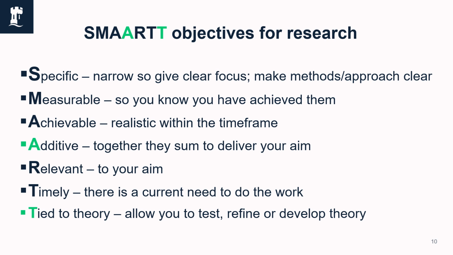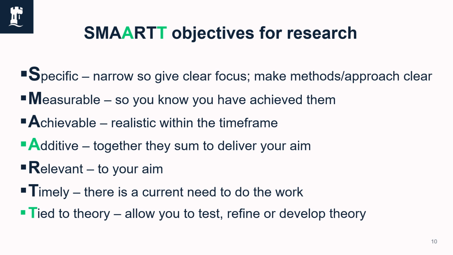So by S we mean specific, and objectives need to be narrow enough to give a clear focus, and they also need to be narrow enough so that they make it very clear what you need to do in order to address them or collect or obtain the necessary data or information.